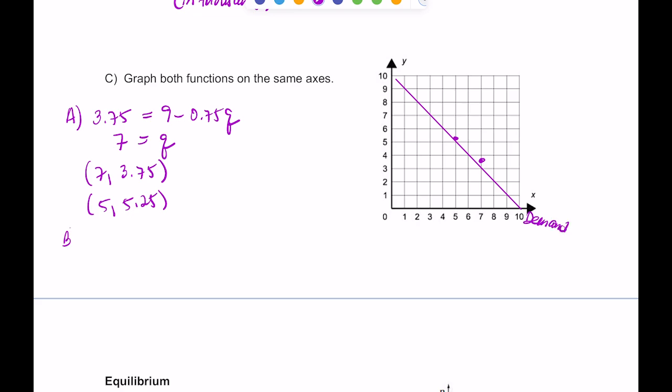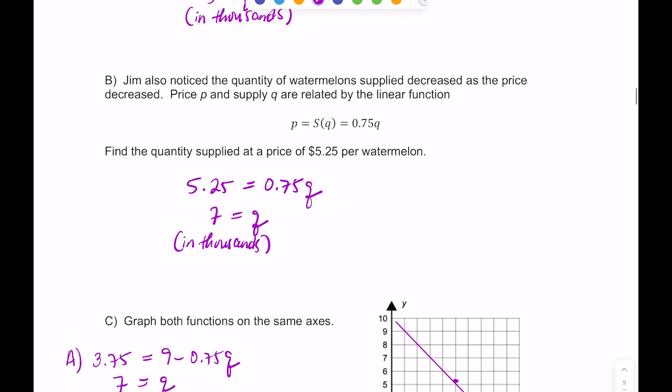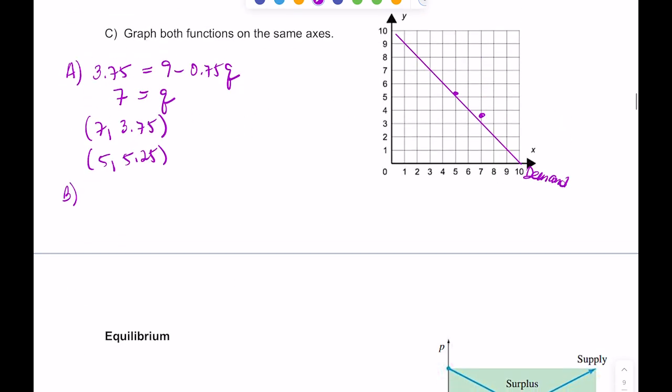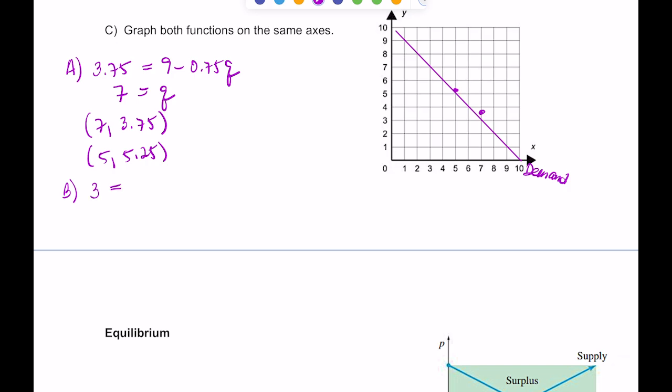And then for part B, that was our supply equation. We already know that we can use 7 comma 5.25, but let's find another point. Let's just make P equal to 3, so we get a nice number, and we get Q equal to 4. So that means that I have the point 4, 3.